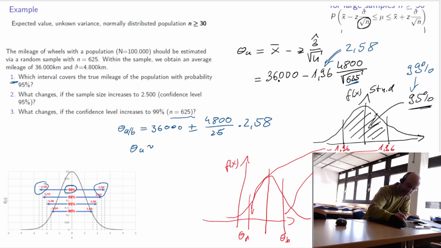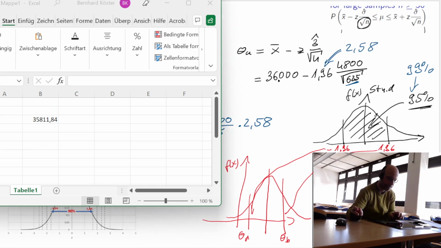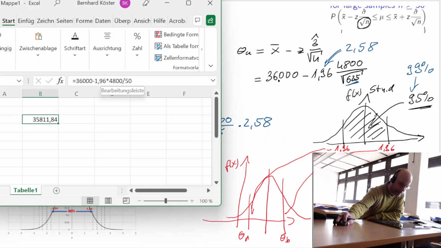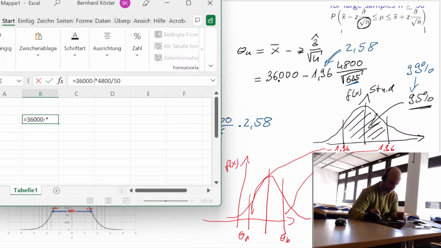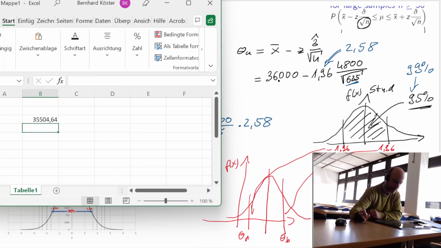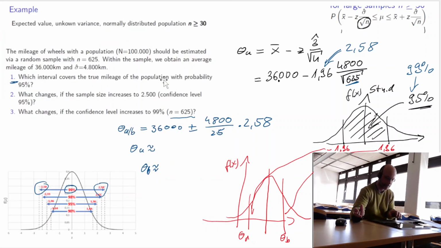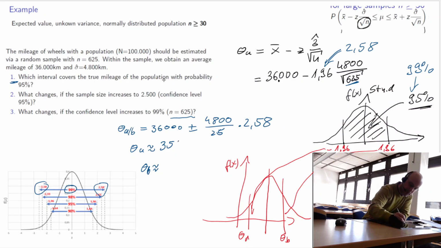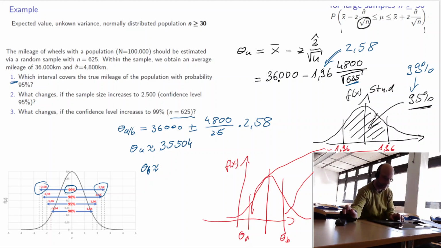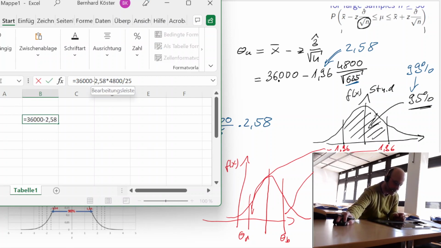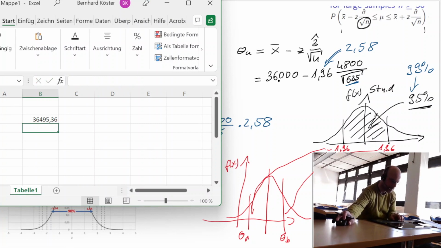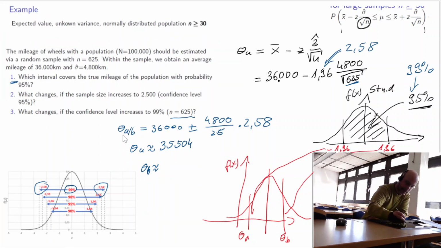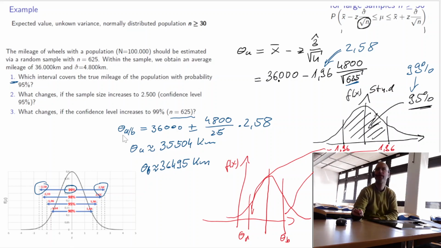And then theta A is roughly 35,504 and theta B is roughly 36,495 kilometers.